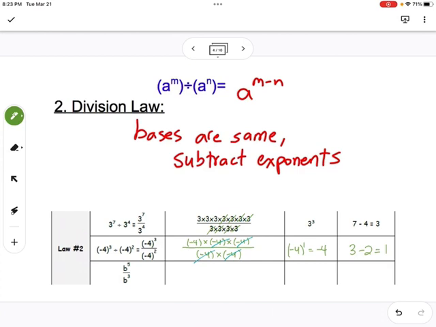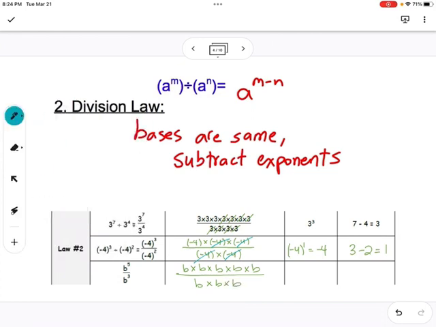The last one here, b to the exponent 5 divided by b to the exponent 3. So here we have b times b times b times b times b over b times b times b.